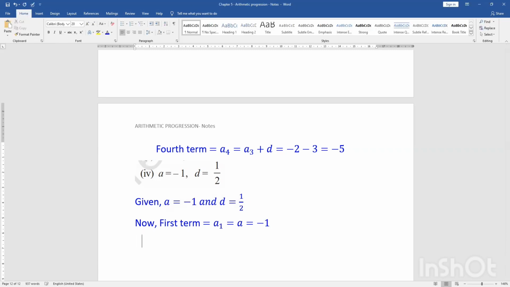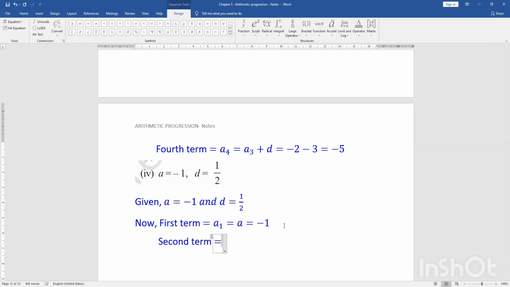Then we have the second term, which is nothing but A2. How do you get A2? A2 is obtained by adding common difference to the first term. So that is A1 plus D. A1 we have as minus 1, plus D. What is the D value? D value is plus half.